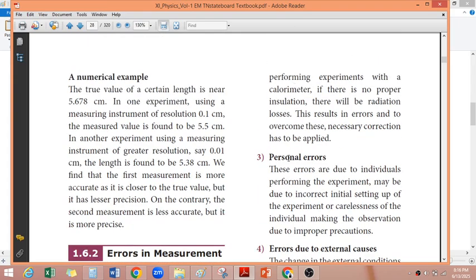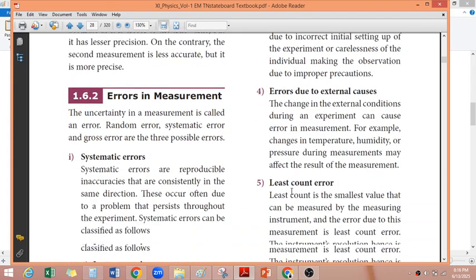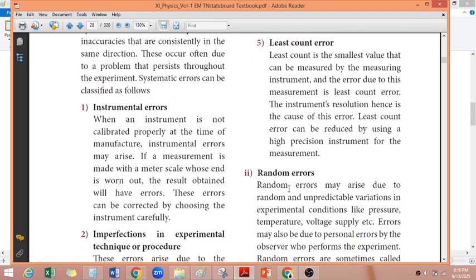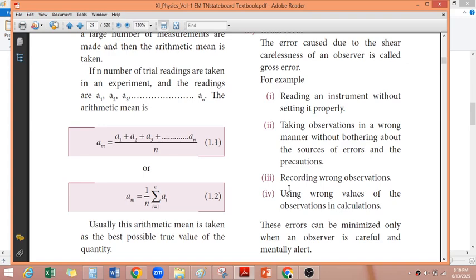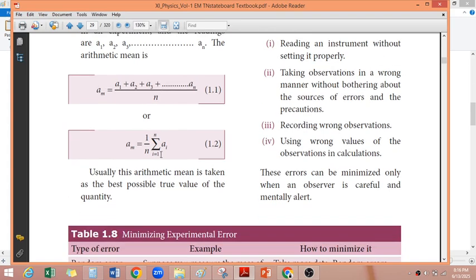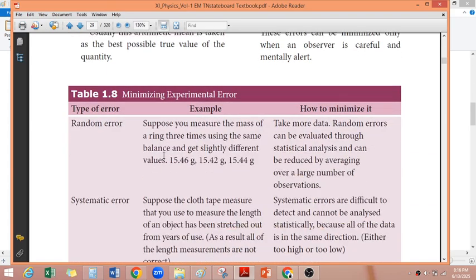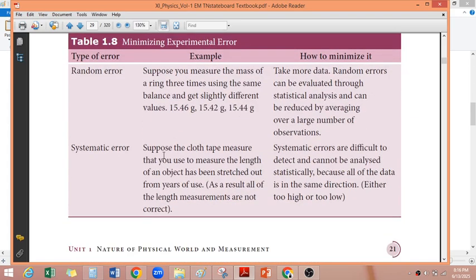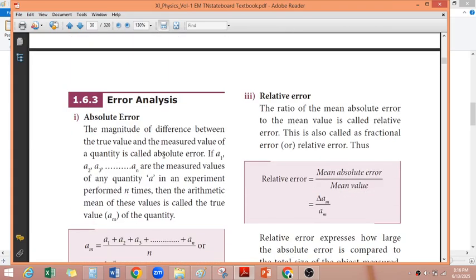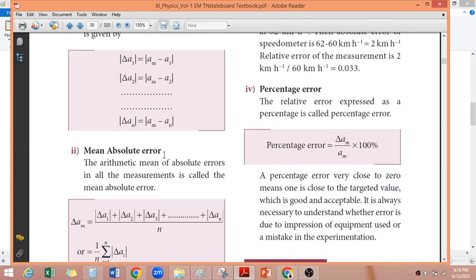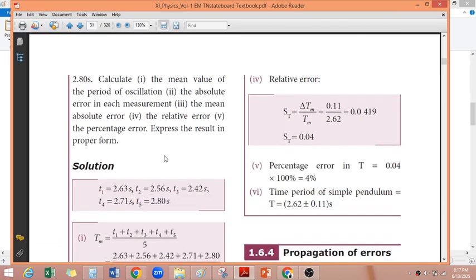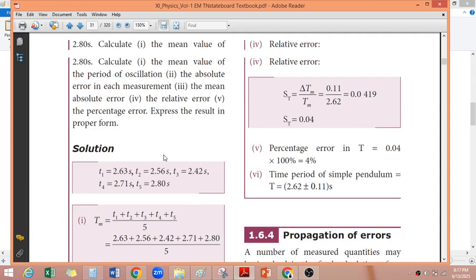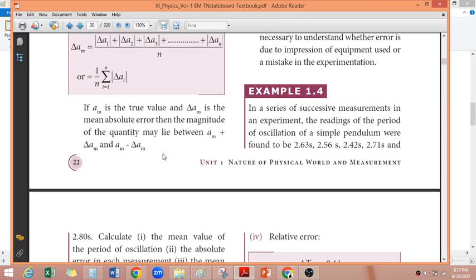I'm going to leave these things to you: personal errors, errors due to external causes, systematic errors, random errors. You can go through this. Gross error, we went through this last class. I think we didn't do that example. Maybe we can do this example.